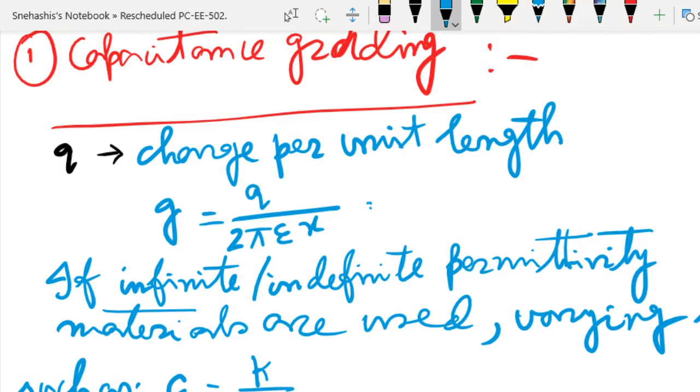So what is the catch? The catch is the permittivity and distance are inversely proportional.